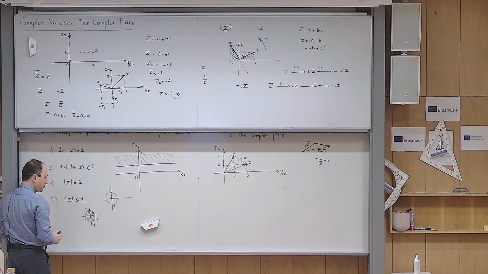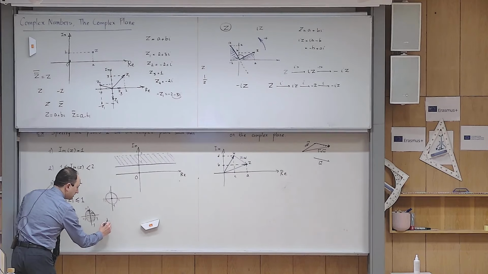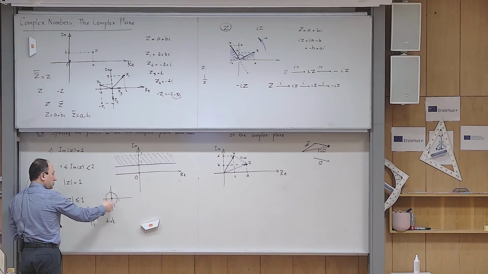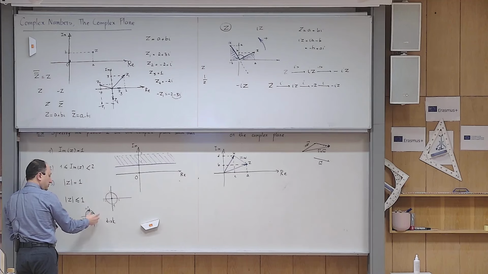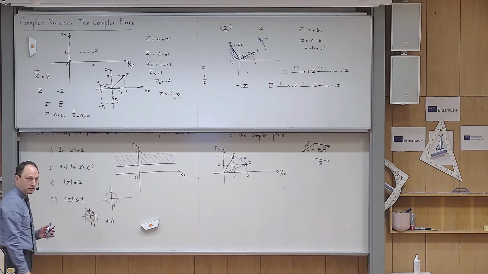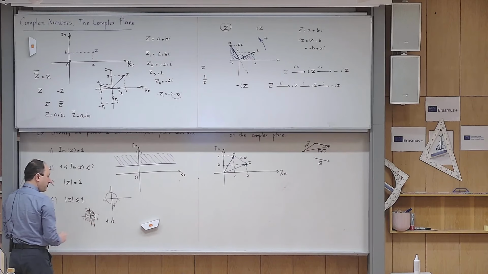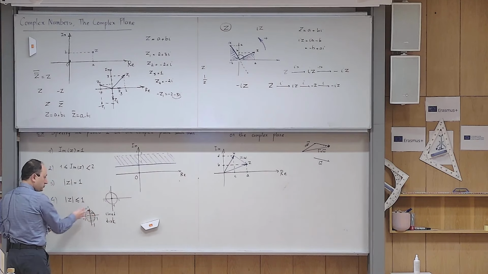In mathematics this is called a disk. It's not a circle. When I say a circle, I mean exactly this curve. But when I say disk, I care about the curve as well as the region inside. Because it covers the boundary, it is called a closed disk. This boundary is closing this region.